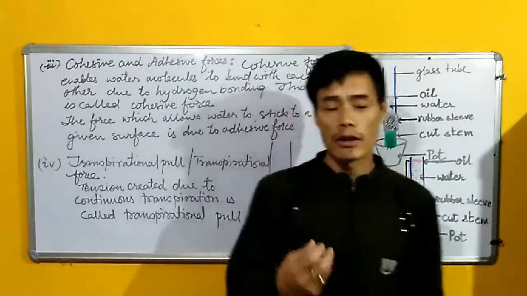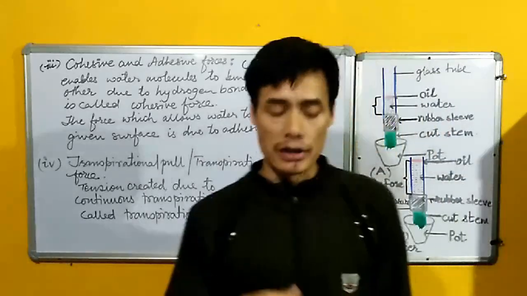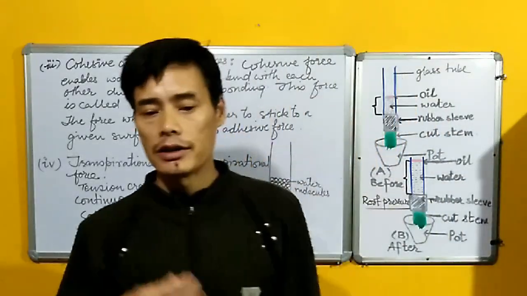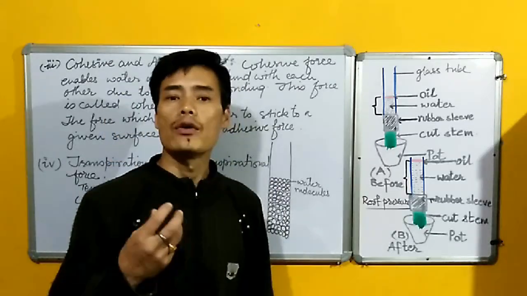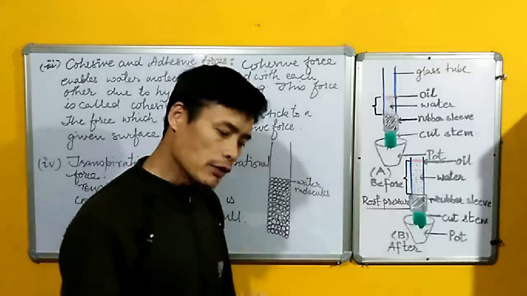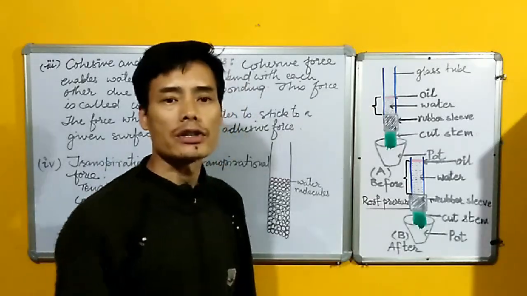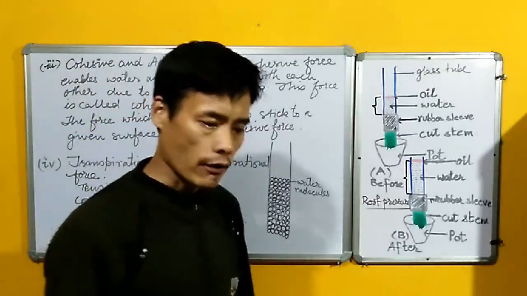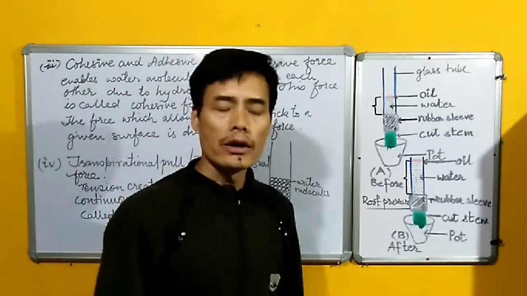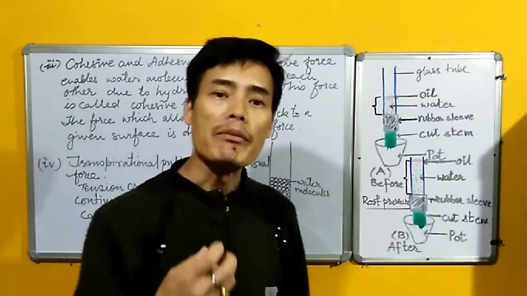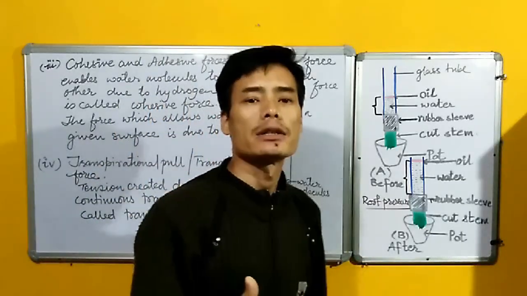There are a lot of experiments conducted to understand the different kinds of forces and to prove that these different kinds of forces are involved in the ascent of sap, or the upward translocation of water and minerals in plants.